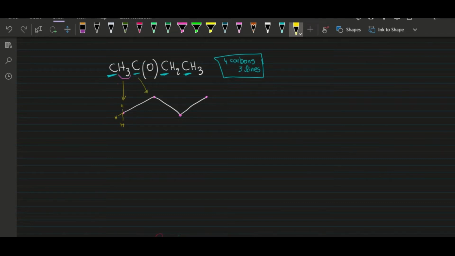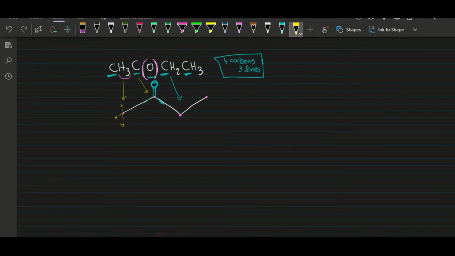So this carbon right here is going to be this one, but it has 2 lines, 2 bonds here and here, right? But there's an oxygen. This oxygen, we're also going to put it here to make the 4 bonds, okay? Anything that you see that has a parentheses like this, it's going to be a substituent. So let's look at the next carbon.